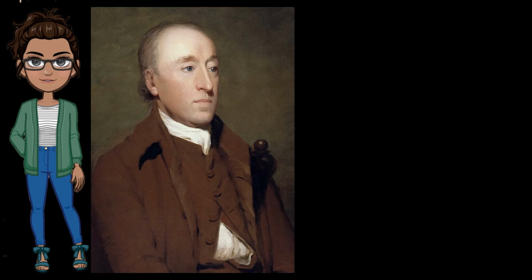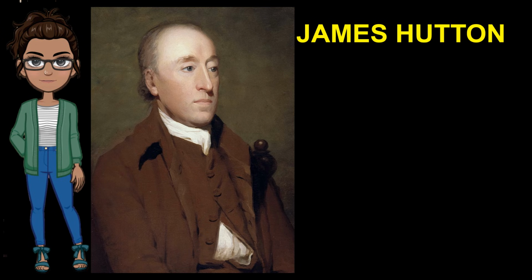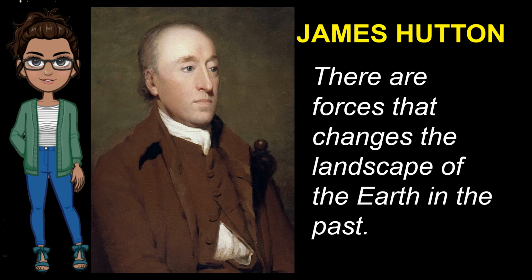The idea behind the concept that the Earth is billions of years old originated in the work of James Hutton. Hutton concluded that there are forces that changed the landscape of the Earth in the past. This conclusion is based on his observation of the geological processes that were taking place in his farm.